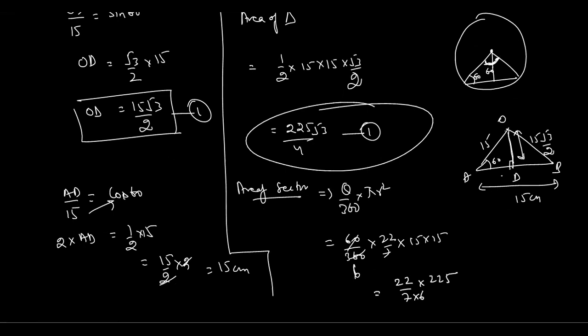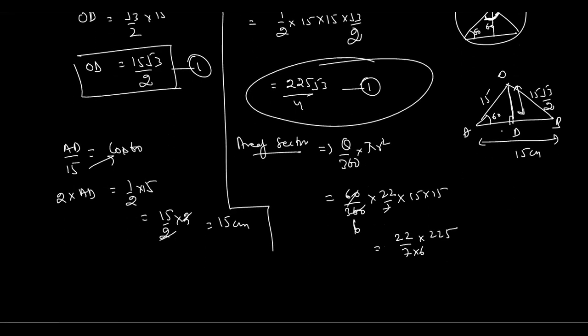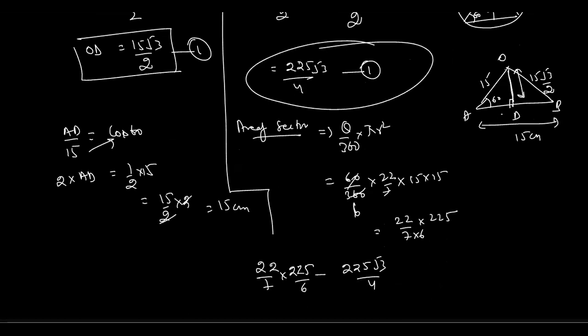Now you need to subtract these two values. What you are going to get as the answer is the area of the sector minus the area of the triangle: 22 by 7 into 225 by 6 minus 225 root 3 by 4.